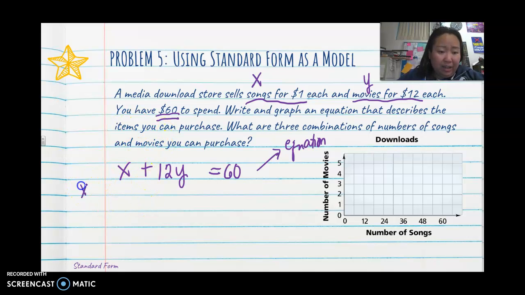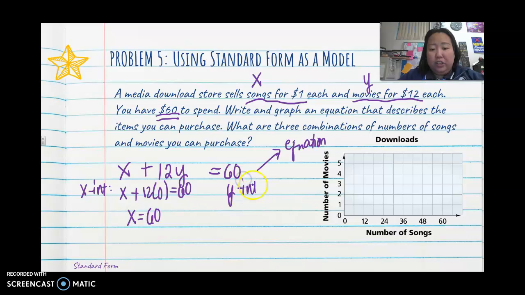So if we have the x-intercept, we will have x plus 12 times 0, which is equal to 60. So x is equal to 60, okay? If we're using your y-intercept, x is equal to 0, so it's going to be 12 times y, which is 60. You divide by 12, your y is equal to 5. Okay, so you already have two combinations there.